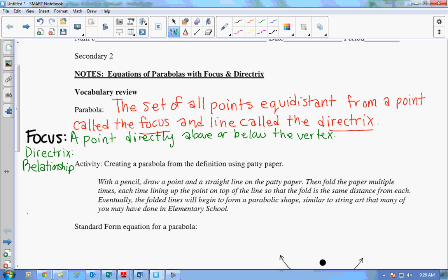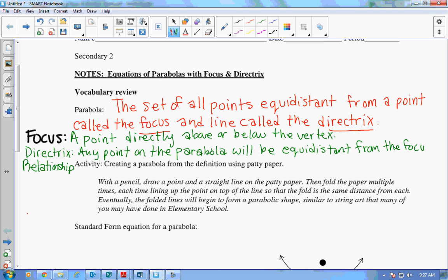Any point on the parabola will be equidistant from the focus and directrix.